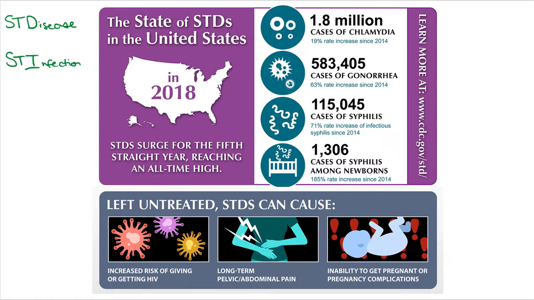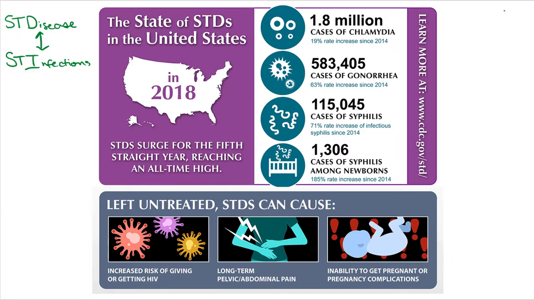So STIs are STDs. The main way that we use the terms differently is that STIs are often treatable with antibiotics, whereas a full-blown STD is something that you might not be able to get rid of with antibiotics. But oftentimes the terms are used interchangeably.